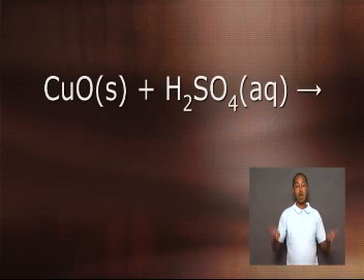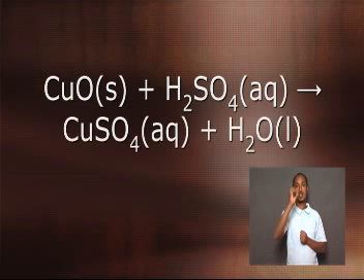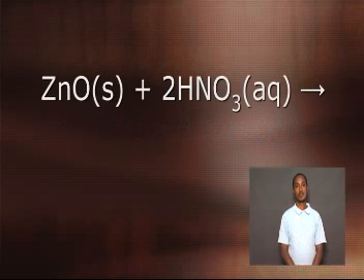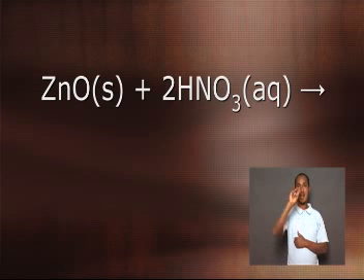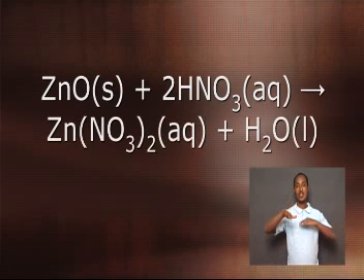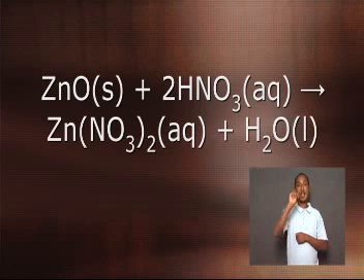When copper oxide reacts with sulfuric acid, copper 2 sulfate and water are produced. The reaction between zinc oxide and nitric acid generates zinc nitrate and water.